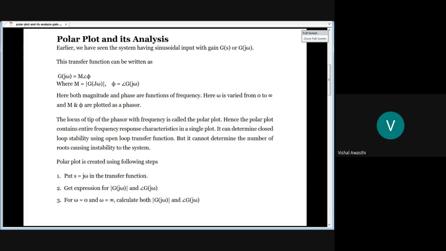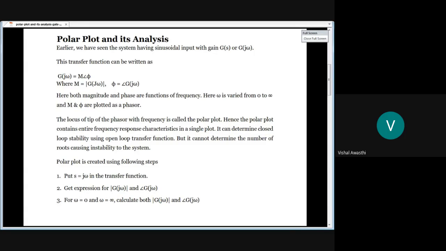One more thing: when you find G(j omega), it will be a complex numerator or denominator quantity. So it is always better to rationalize so that you get a real part as well as an imaginary part.